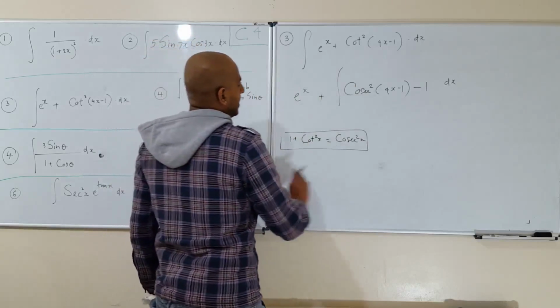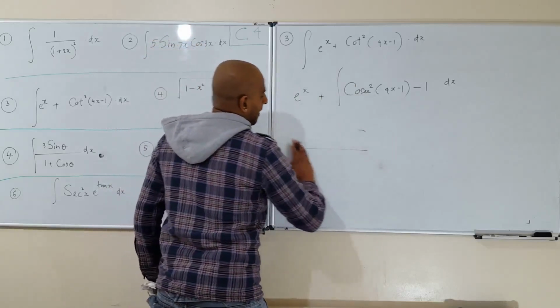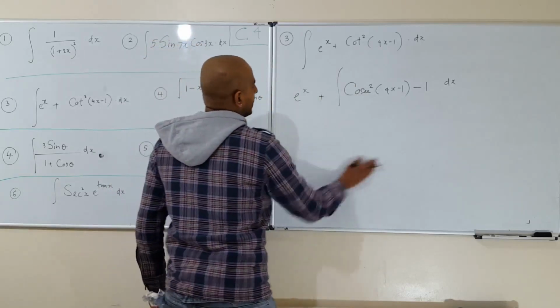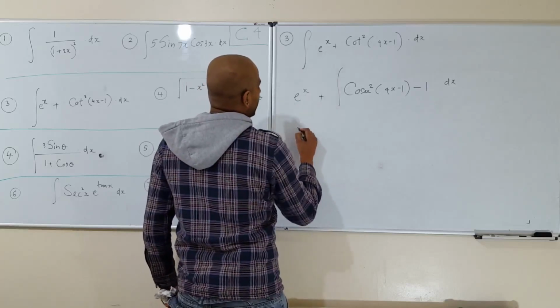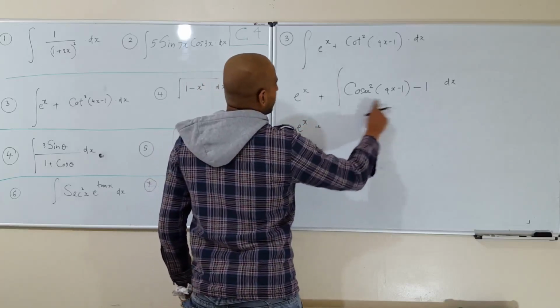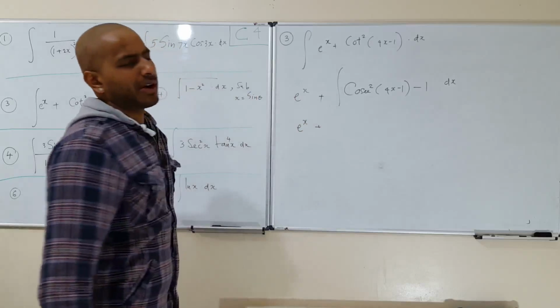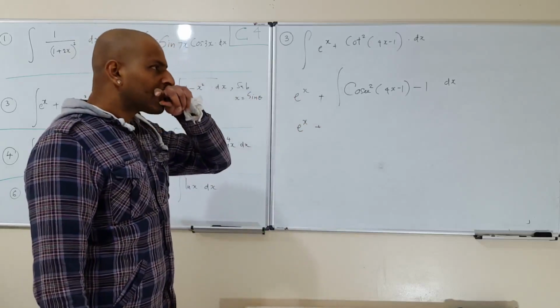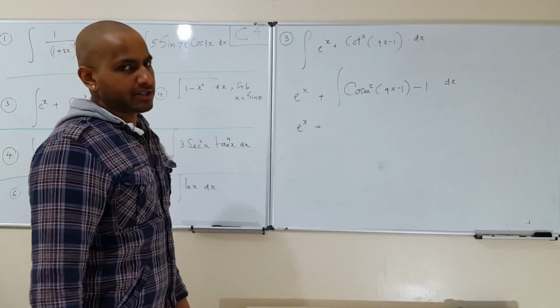So the answer would be, I'm just going to get rid of this to get some space. e^x is already integrated, no changes there. The integral of cosec squared x is minus cot x.